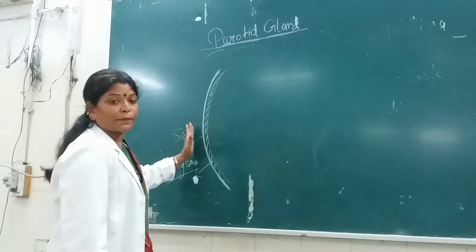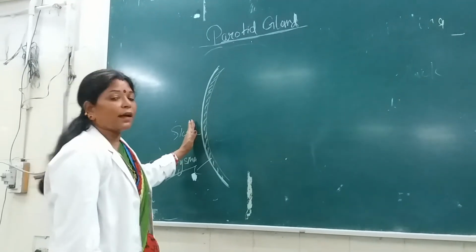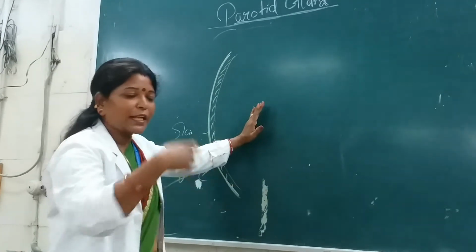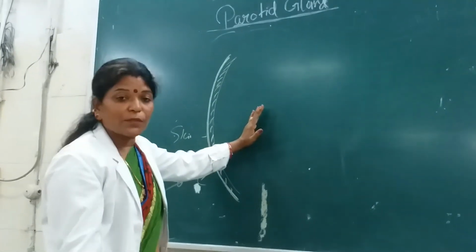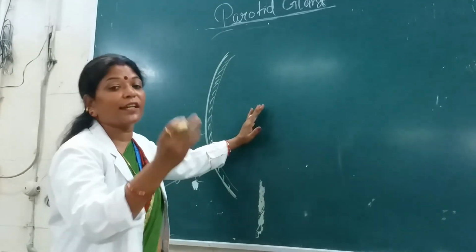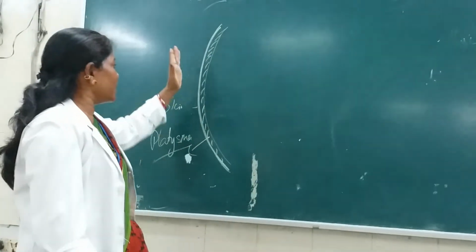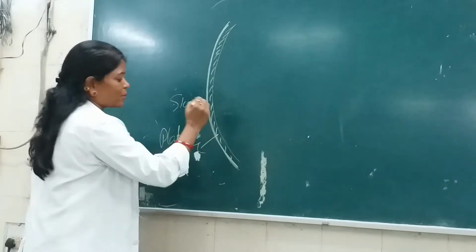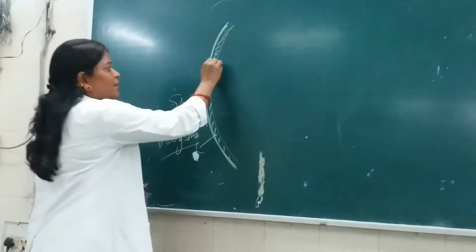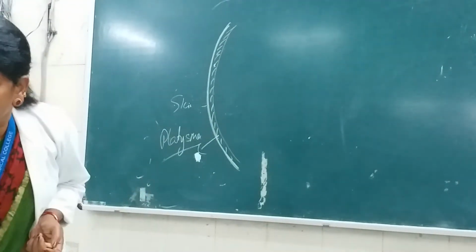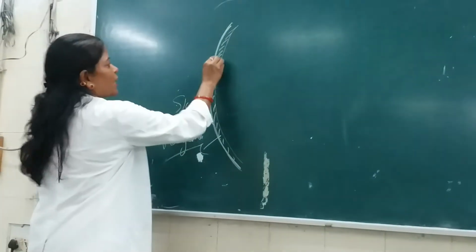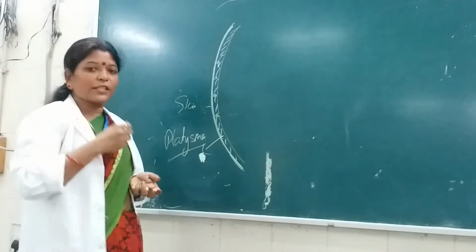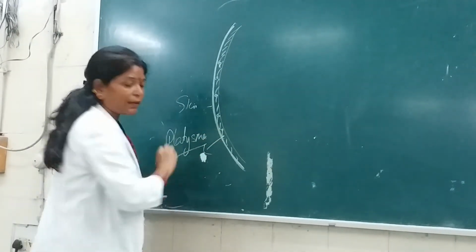Mind it. Whenever you are asked in the examination, if the examiner misguides you, tell where the platysma is present. You will never say it is situated deep to the deep fascia. It is present in the superficial fascia, just below the skin. That is the platysma. In the skin, there are some nerves present. Can you name this nerve which is present over the skin of this parotid gland?